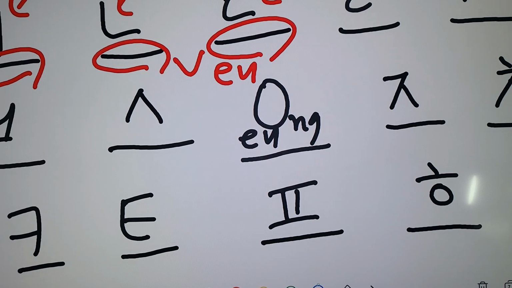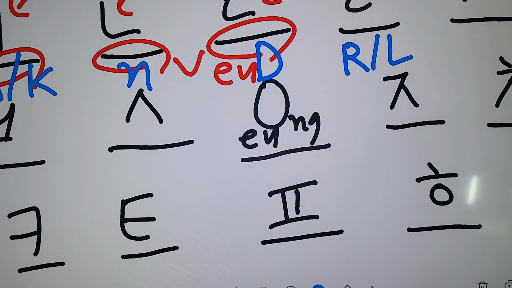First one, remember G equivalent mainly, but when it comes last, K equivalent. Next one, N equivalent. Next one, T equivalent. Next one between R and L equivalent. Next one, M equivalent. Next one between B and V equivalent. Next one, S equivalent.